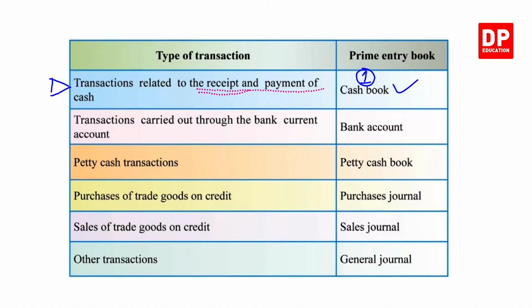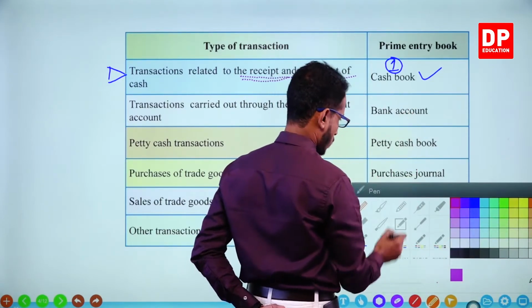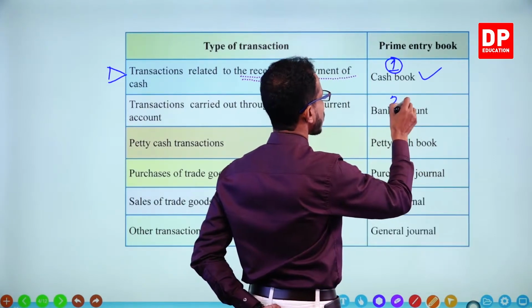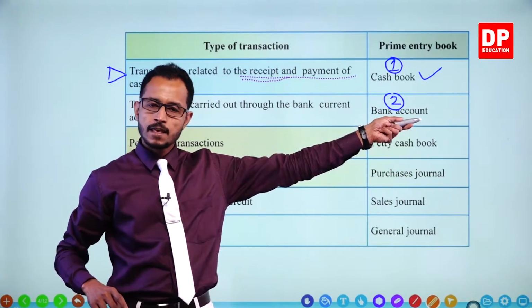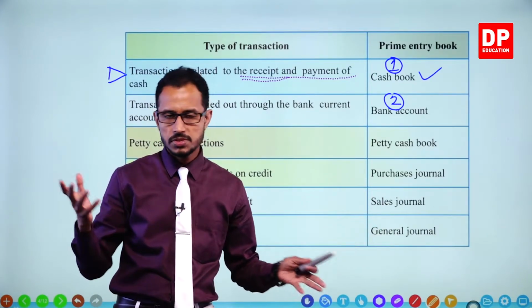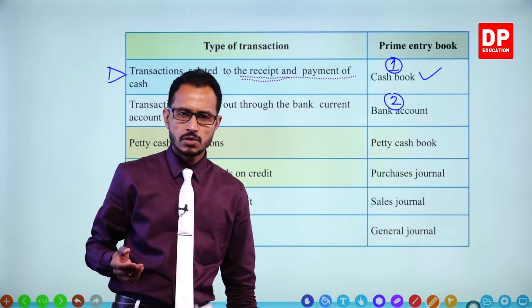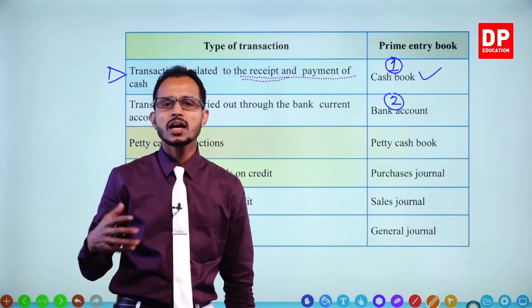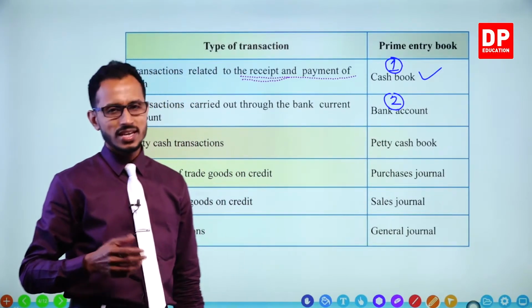Next we have what? That is the second prime entry book. This one, bank account. What do you think that businesses record in the bank account? What type of transactions go to this book or the account?